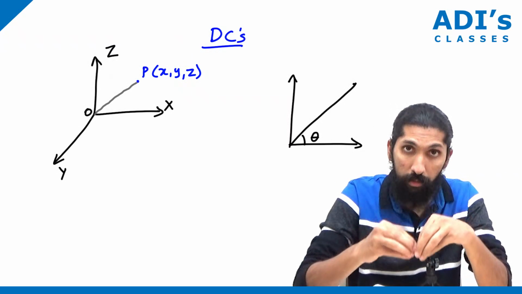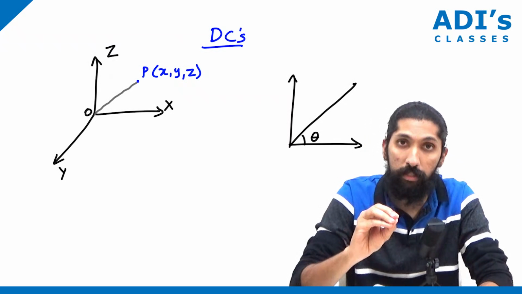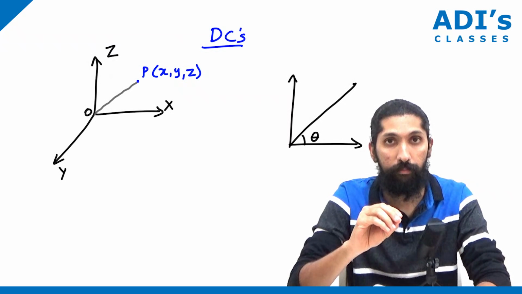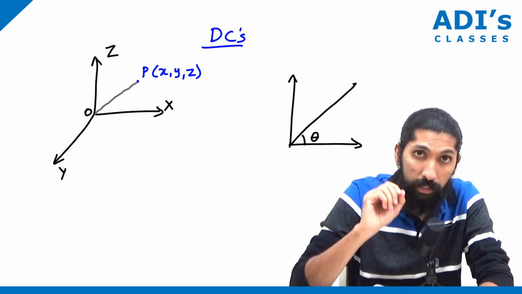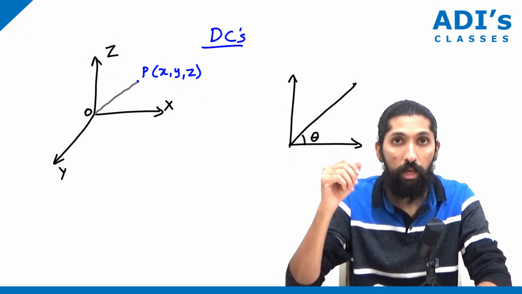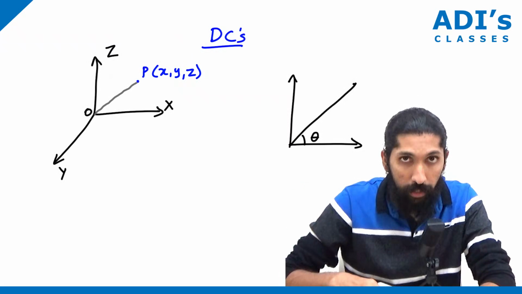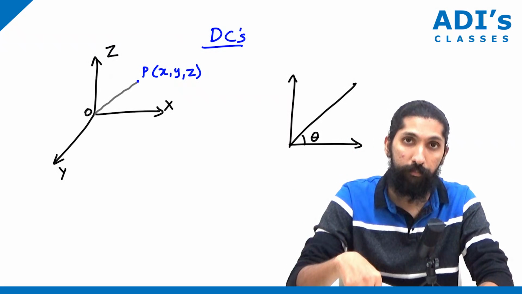But here, when the angle with respect to the x-axis is 60, the angle with respect to the y-axis or z-axis need not be whatever you're thinking. It can vary completely. This is where the concept of direction cosines comes into play.